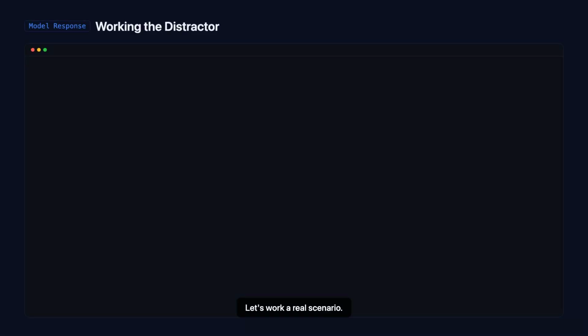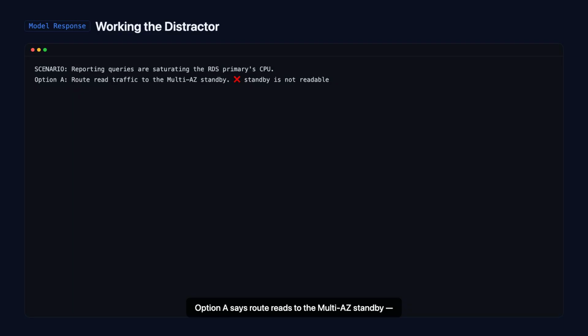Let's work a real scenario. Reporting queries are saturating the primary's CPU. Option A says route reads to the multi-AZ standby. Gone immediately, because the standby isn't readable. Option B, vertically scale the primary, is costly and still doesn't isolate the reporting load.